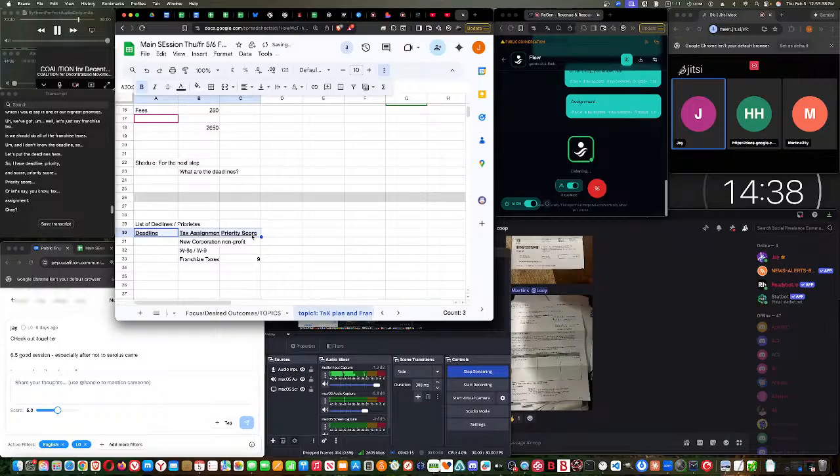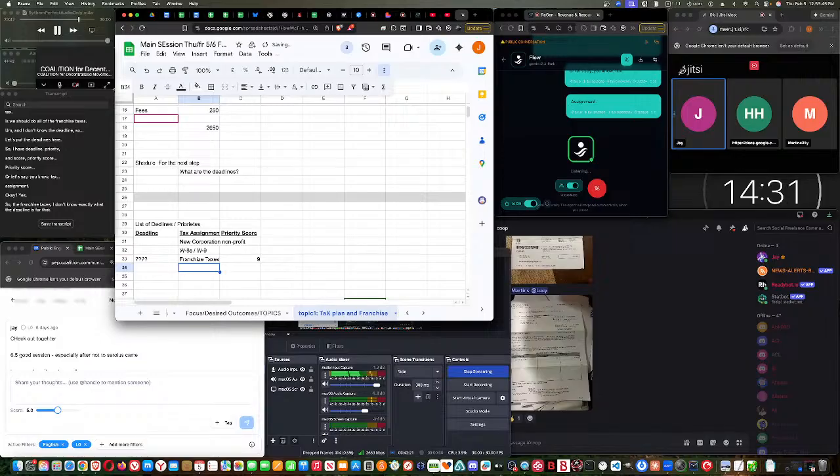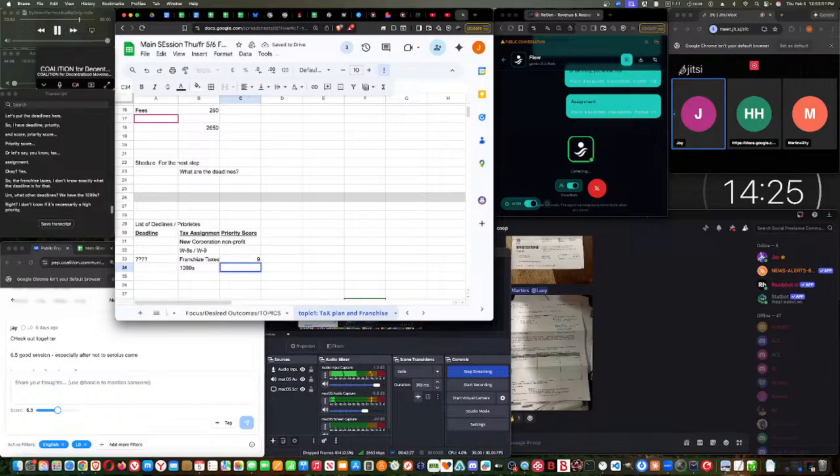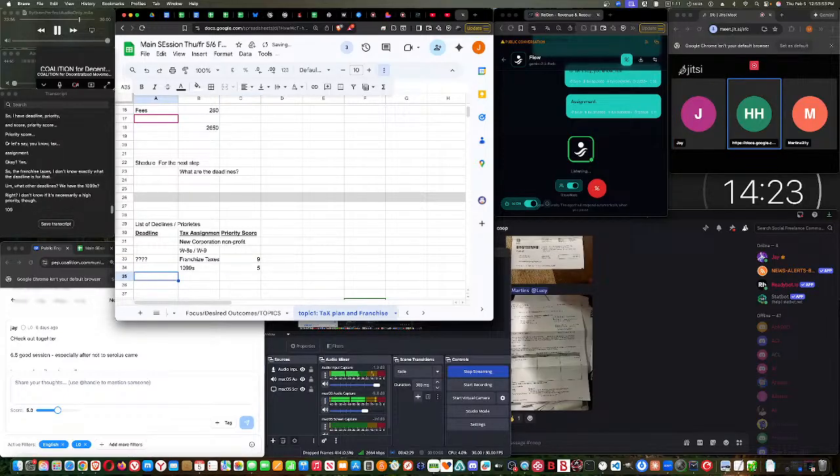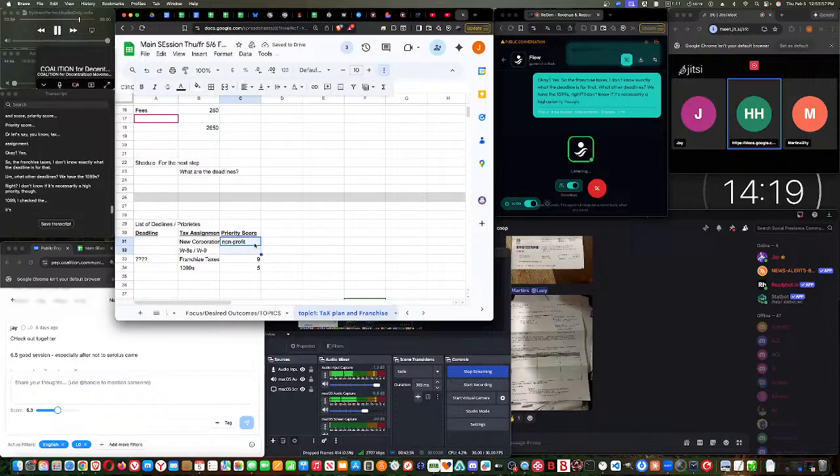Okay. So the franchise taxes, I don't know exactly what the deadline is for that. What other deadlines? We have the 1099s, right? I don't know if it's necessarily a high priority though. For 1099, I checked, it's past deadline.